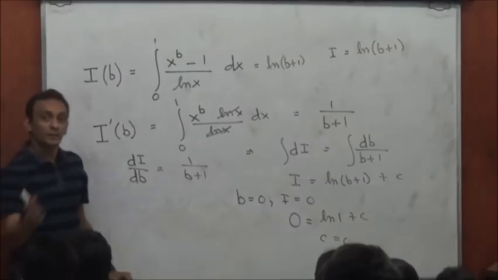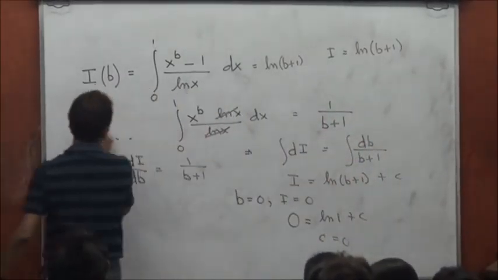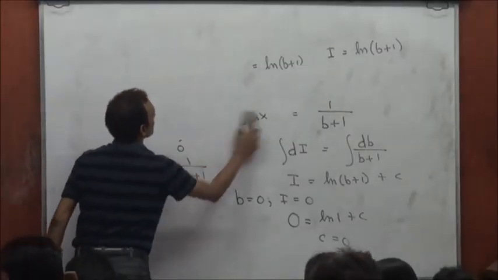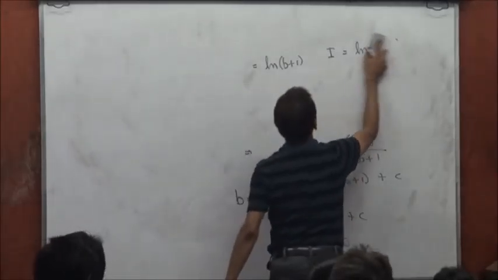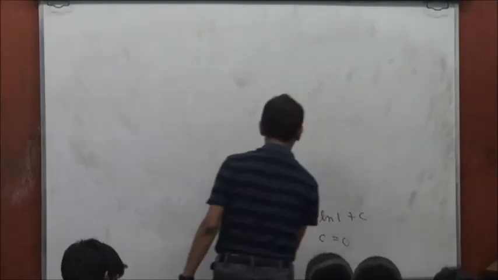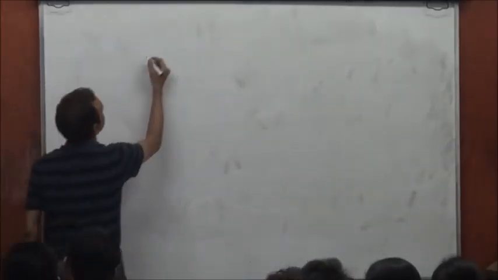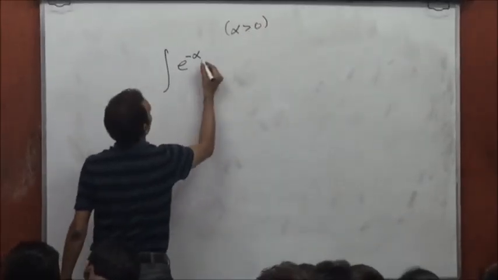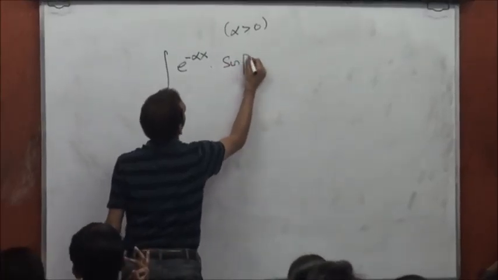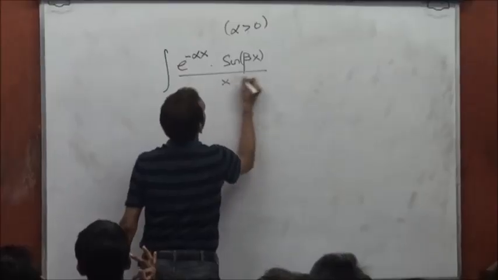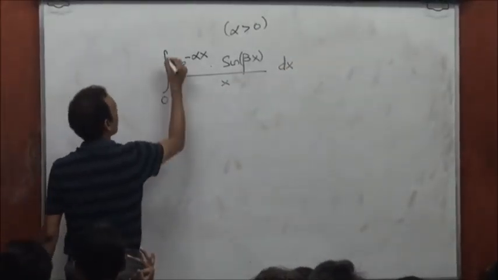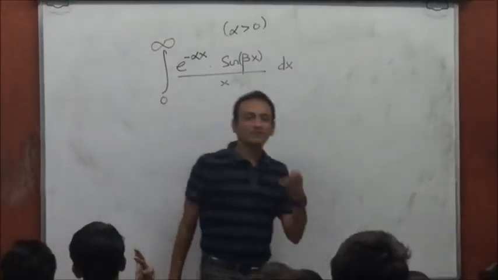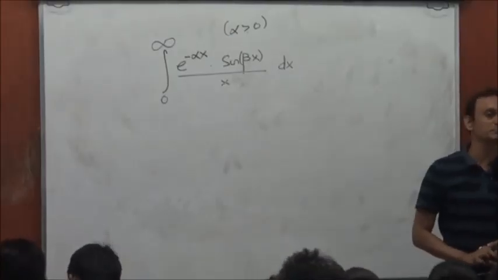So now, let me give you more of this. The integral from 0 to infinity of e^(-alpha x) sin beta x by x dx, where alpha is a fixed positive number and beta is a parameter.